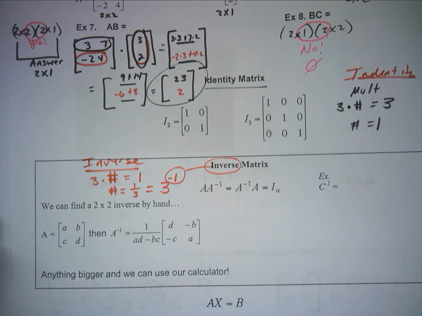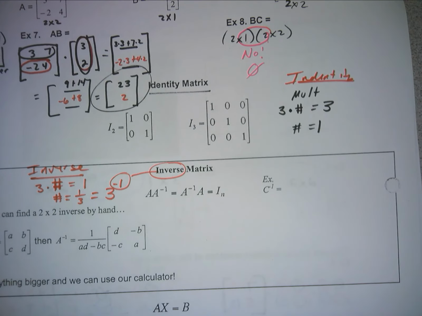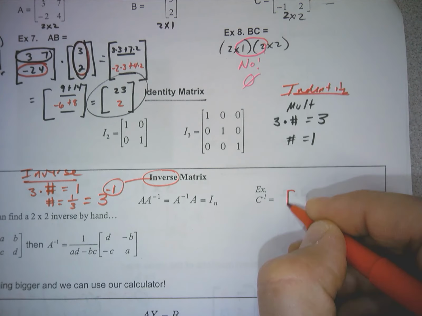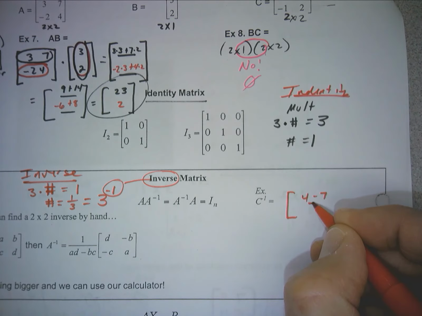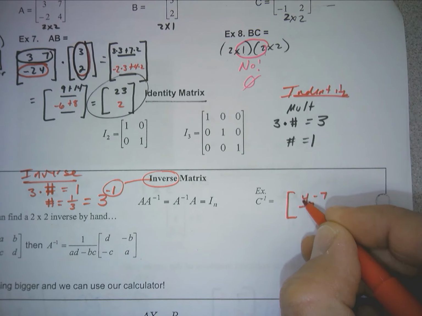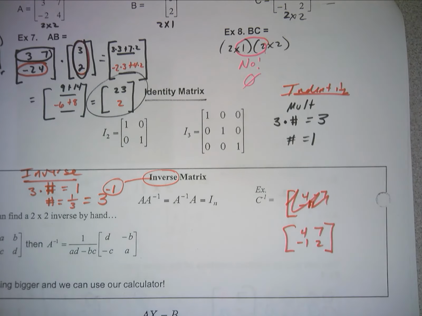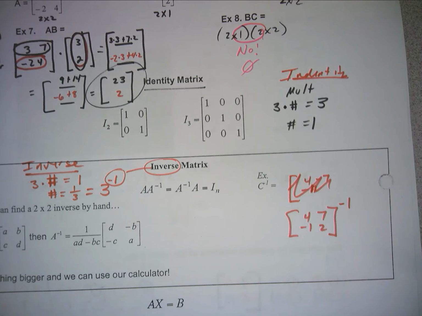Okay? So, example, how do you do that in the calculator? I've got C up there. I've got 4, 7, -1, and 2. Well, now I want to do the inverse of C. So how do I do that?